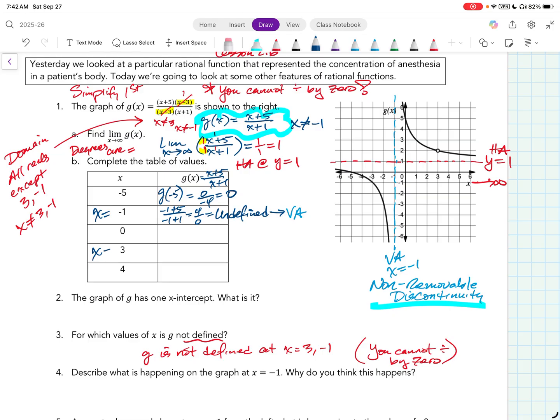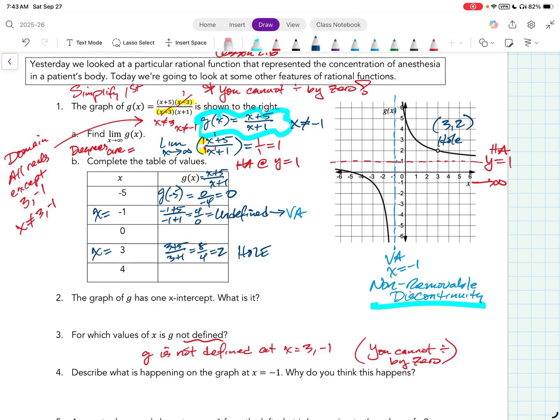So at x equals 3, we have a hole. Look at this. On the graph, the hole is located at 3, 2. Now, how do you know it's 3, 2? Well, you substitute in the function. At 3, you get 3 plus 5 divided by 3 plus 1. That's 8 divided by 4, or 2, and you see a hole there.